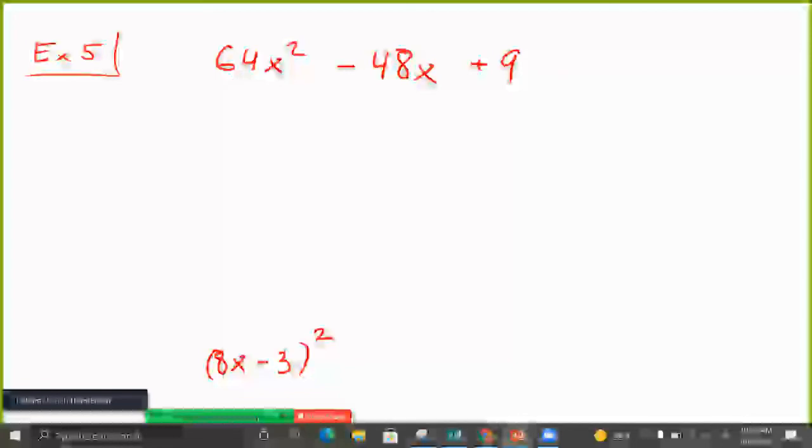I also noticed that C is a square number. And for the first term, my A term is 64. That's 8 squared. And then x squared, of course, is a square number, right? So this is a square number. This is a square number.